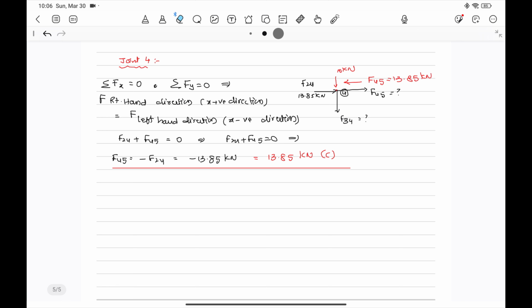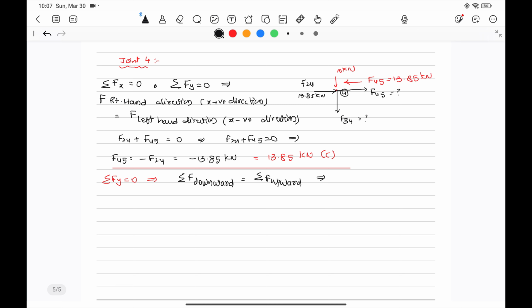Now, sigma Fx is over. Now sigma Fy is equal to 0 implies, what does it imply? What are the forces acting downward? Sigma F downward is equal to sigma F upward.